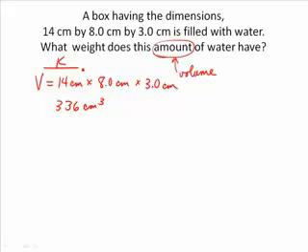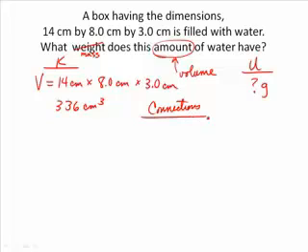And what do I want to know? It says, what weight does this have? And actually, that is not a good term. Let's use the word mass. Okay, and it doesn't tell us what unit it wants it in, so let's make it simple, and let's do grams.